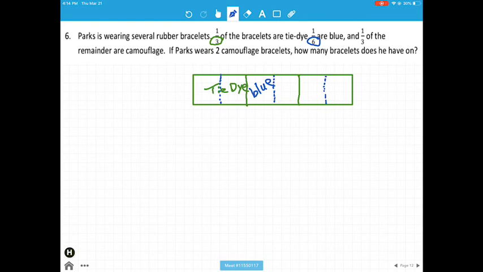Okay? 1/3 of the remainder are camouflage. If you look already, we have 3. But let me go ahead and make another one, and we'll cut them into thirds. And one of them is camouflage. So this is camouflage. I don't know what to use for cami.